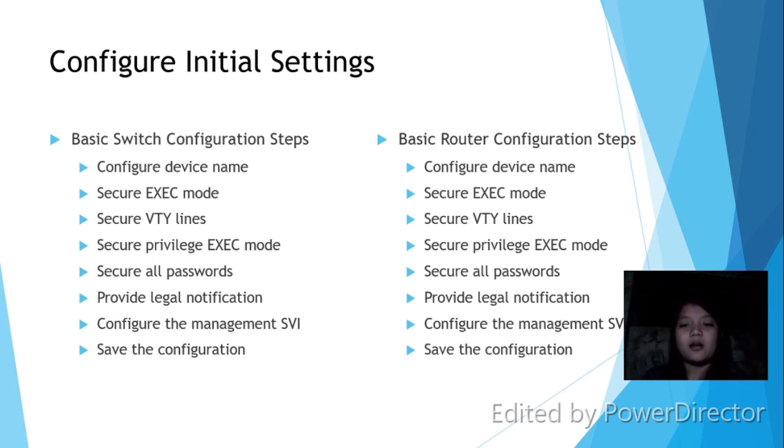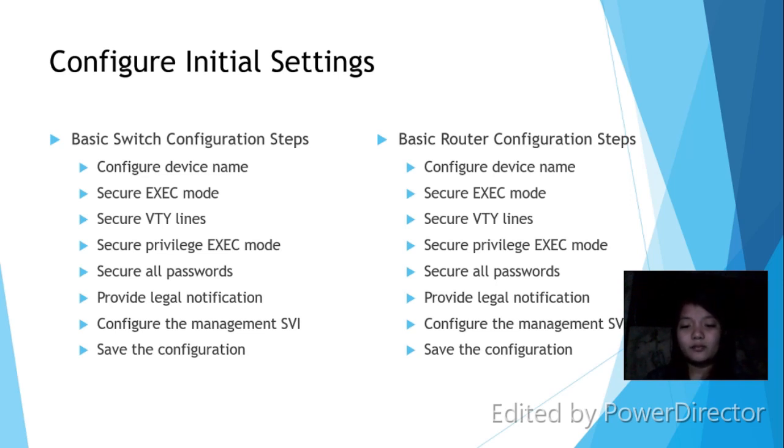So it is the same as the router configuration. Here, configure the management SVI. That is the interface, and for the SVI you just put the IP address and the subnet mask of the switch.